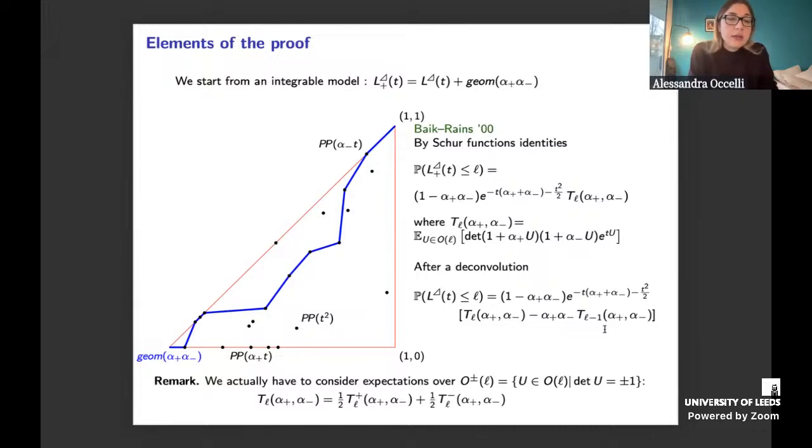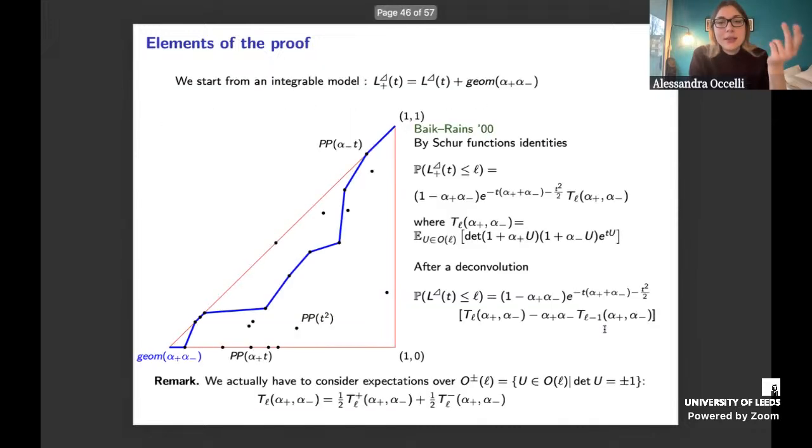And actually, this is not the only subtlety, because the outcome will also depend on the parity of L. So we have slightly different formulas if L is even or odd. I just mention this as a technical subtlety, but it will be clear later why this happens.